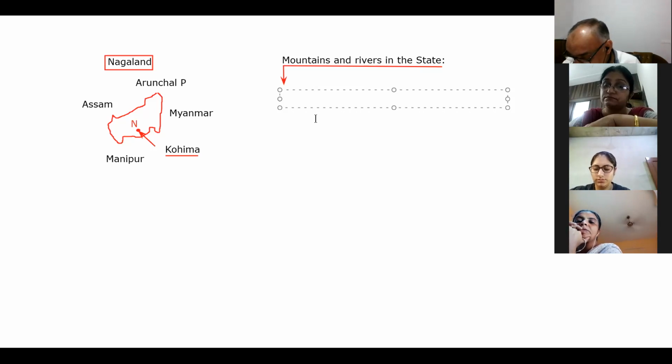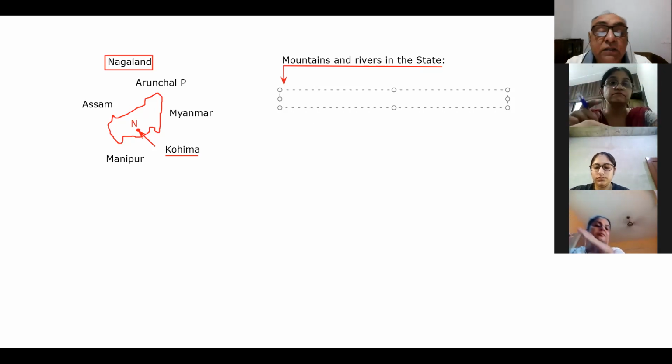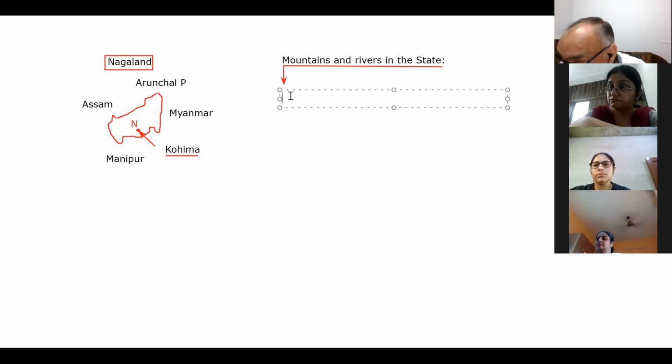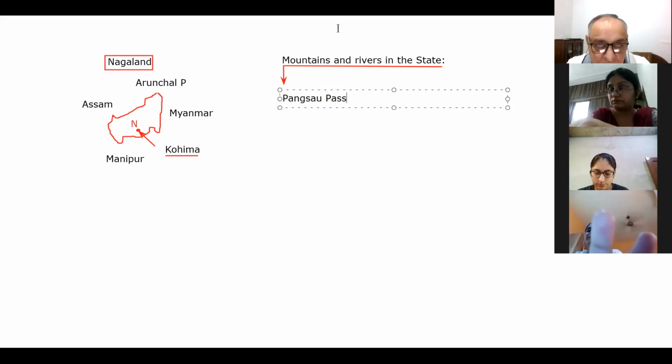The next important thing here is that there is one pass, which is known as the Pangsau Pass. This is an important pass. That is why I'm mentioning it here. Otherwise, there was no need to talk about the passes here.